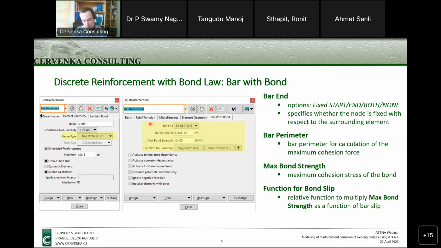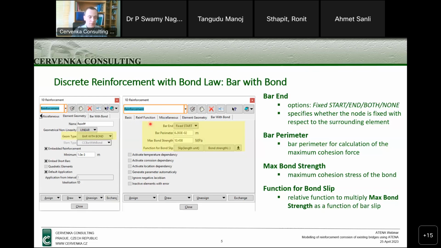However, if you are dealing with some design in, let's say, earthquake prone regions, there is often used a design where the ends of the bars have end hooks to better connect with the concrete.